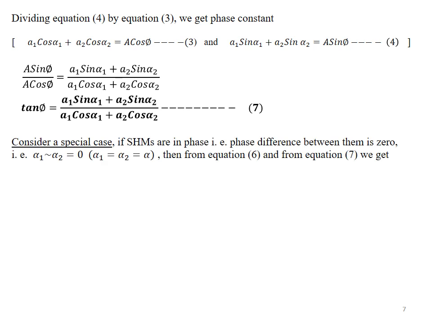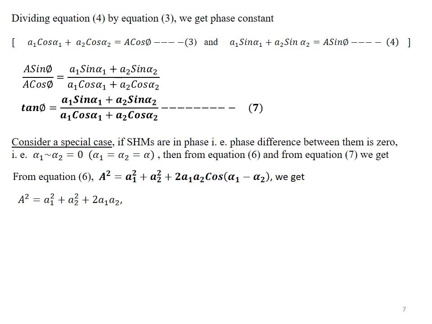Now we consider a special case. If simple harmonic motions are in phase, that is the phase difference between them is 0, that is alpha 1 minus alpha 2 is equal to 0, and alpha 1 is equal to alpha 2 is equal to alpha. Then from equation 6, A square is equal to a1 square plus a2 square plus twice a1 a2 cos(alpha 1 minus alpha 2).